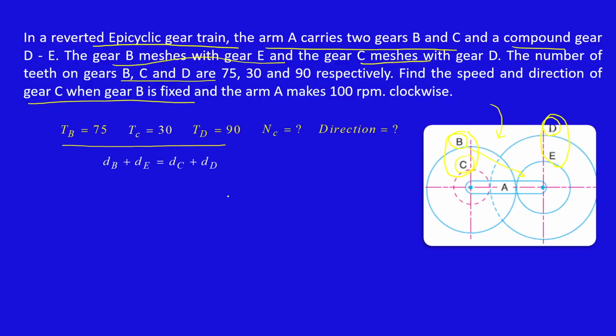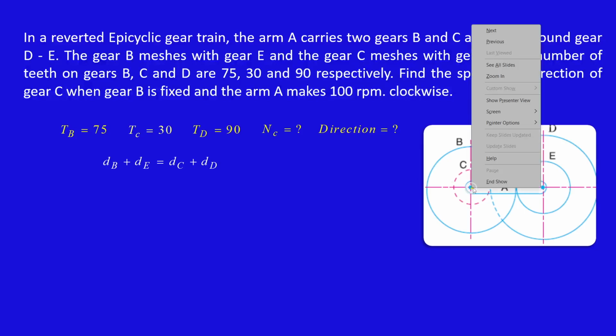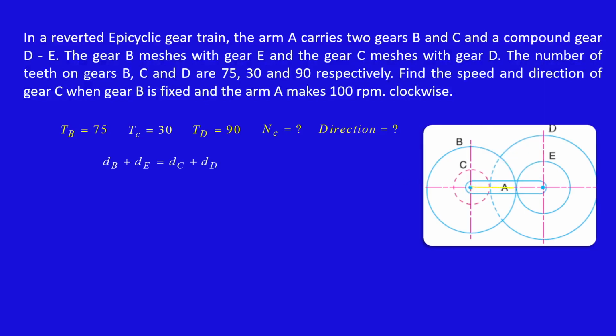We can find this using a relation. Let me tell you the relation. The radius of gear B plus the radius of gear E can be written as equal to the radius of gear C plus the radius of gear D. These two things are equal.